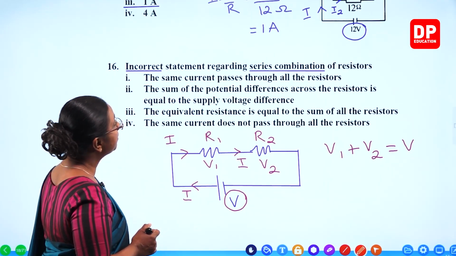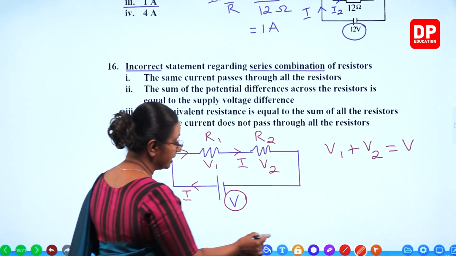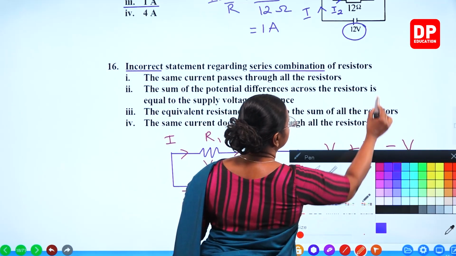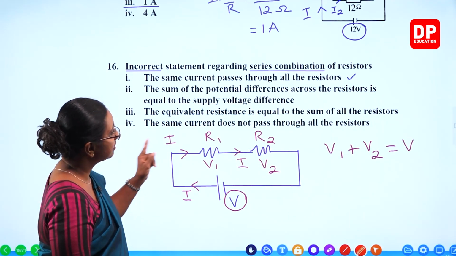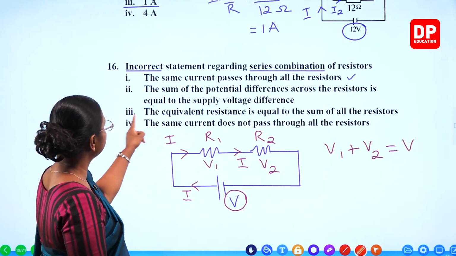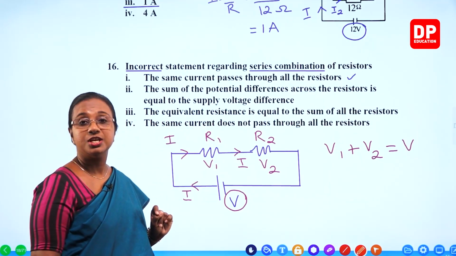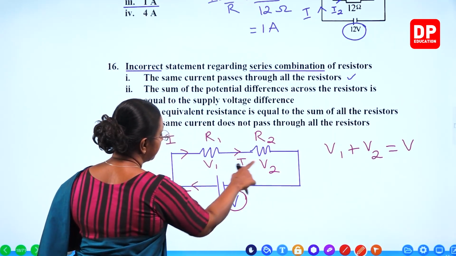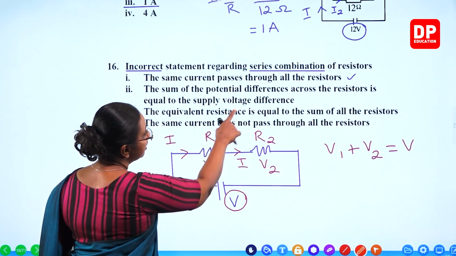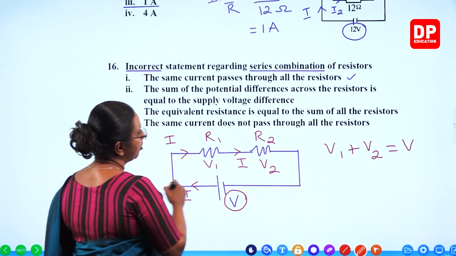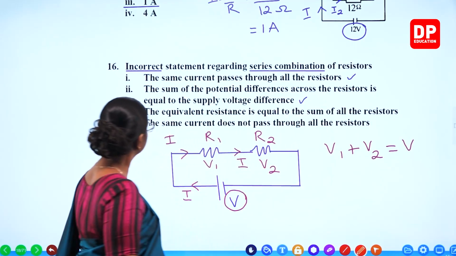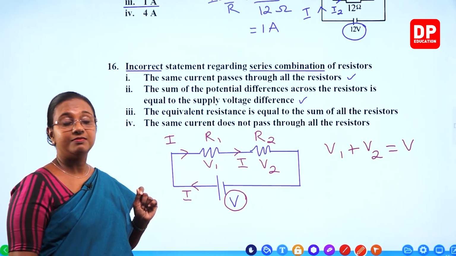The same current passes through all the resistors. That is correct. The sum of the potential differences across the resistors is equal to the supply voltage difference. That is this. That is also correct. Then the third one.